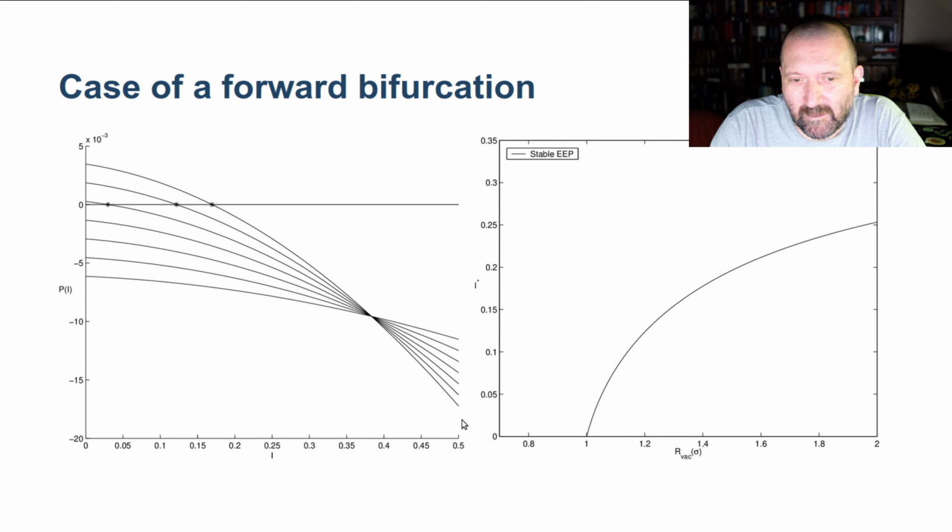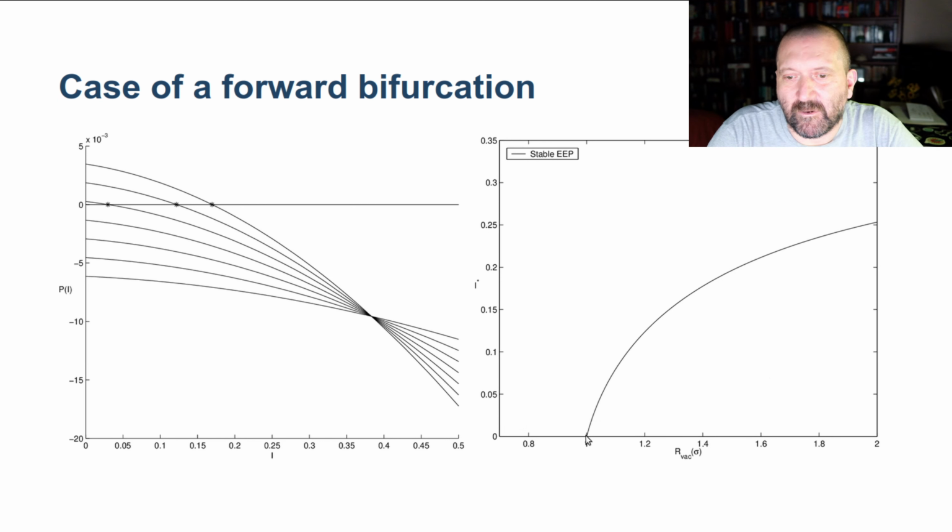So there's no equilibrium, and then we get to a point where there is an equilibrium, and then that equilibrium increases. I didn't write what RVac was, but it's easy to compute.